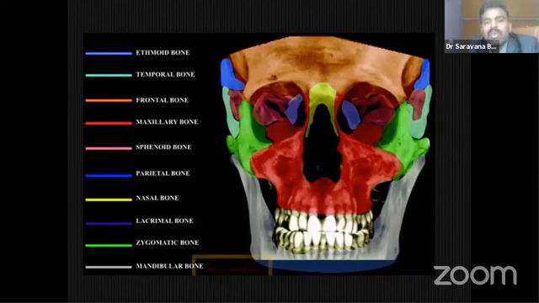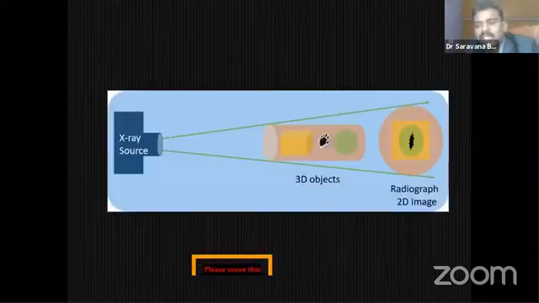But in a 2D imaging modality, all the bones get superimposed in a single two-dimensional film. If you want to see all the small bones separately, layer by layer, slice by slice, what to do? For that, we need to go for some other interesting imaging modality.